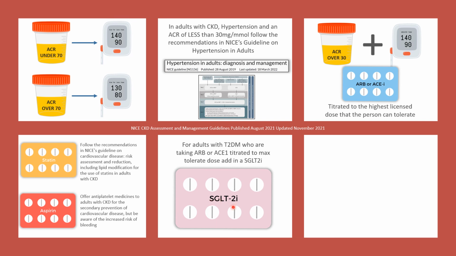And the reason for this is that this class of drug, very much like ACEs and ARBs, is also kidney protective. With the ACE inhibitors and the ARBs, they relax the constricted efferent arteriole. Well, this class of drug does that as well, but it also helps to tighten up the dilated afferent one. So that's why they recommend the addition of an SGLT2.